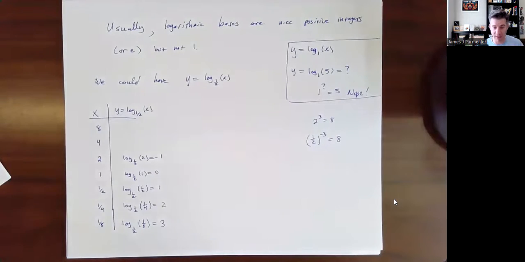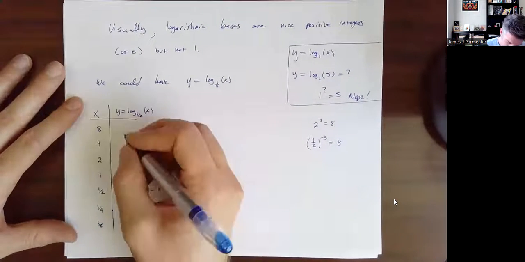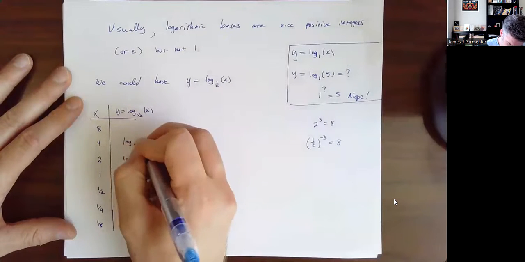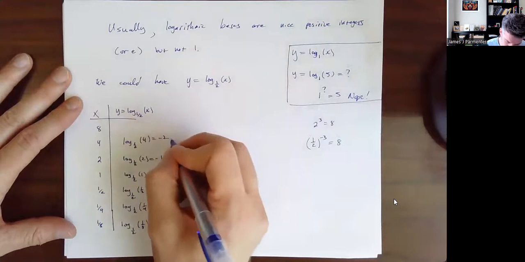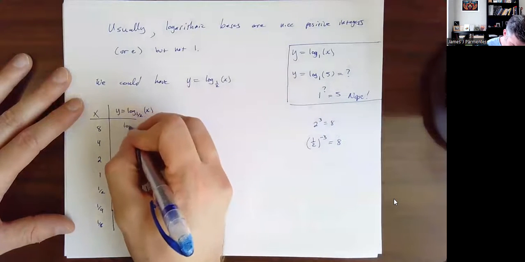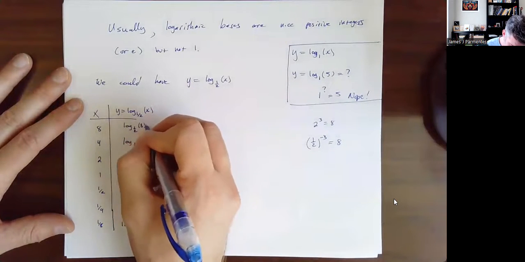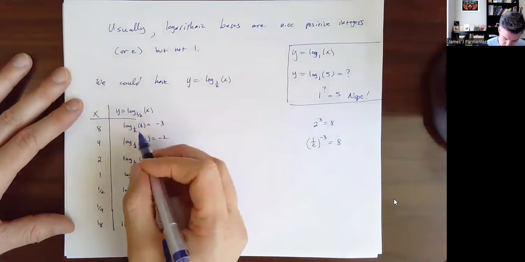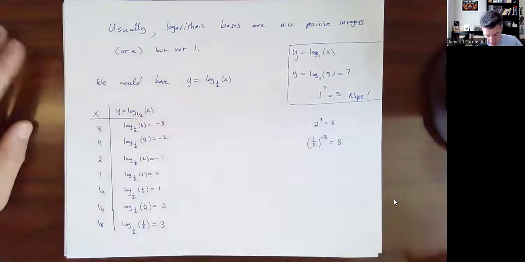The signs of the numbers are not what's important here. Log base 1/2 of 4 is -2, because 1/2 raised to the -2 power is 4. And finally, log base 1/2 of 8 is -3, because 1/2 to the -3rd power is equal to 8.